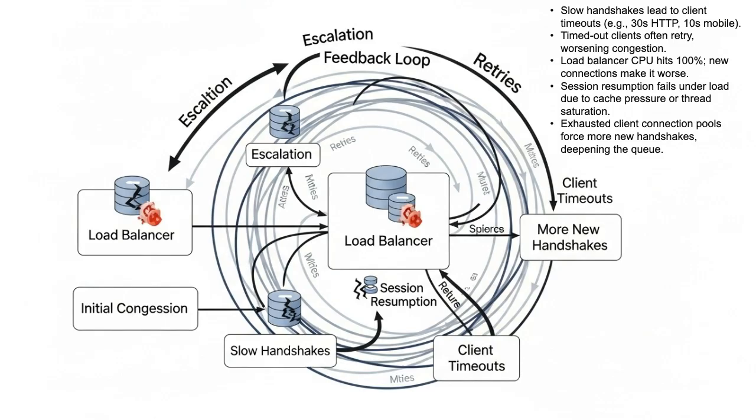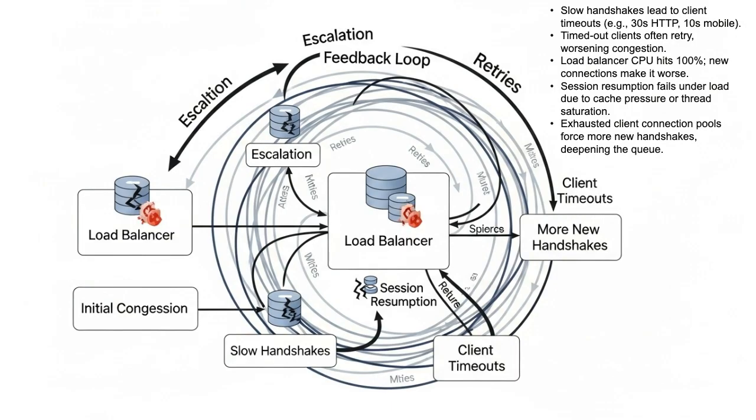Retries. This means you're now contending with not only the backlog of original slow handshakes, but also a fresh wave of retry attempts, all vying for those precious saturated worker threads. This quickly pushes your load balancer's CPU utilization to 100%, creating a self-reinforcing negative feedback loop where every new connection attempt only exacerbates the problem.